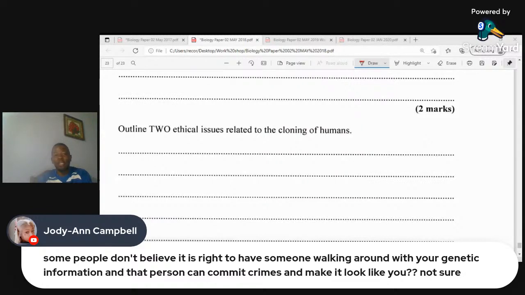Some people don't believe it is right to have someone walk around with your genetic information, and that the person can commit crimes and make it look like it is you. So it is not something I think that is well explored, and we are not too certain what will happen. We have seen all these sci-fi movies where persons try to create this and create that, and then we end up with a mutation, and then we can't control the mutation.